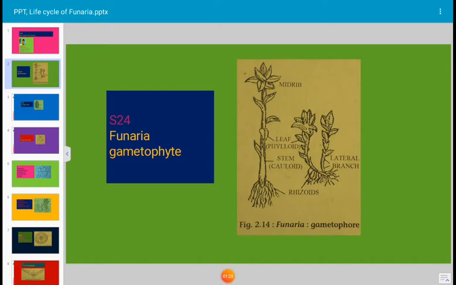The gametophyte of Funaria is a well developed plant. It consists of two stages: number 1, the juvenile stage, and number 2, the adult stage. The juvenile stage, meaning the young stage, is also known as protonema, and the adult stage is also known as gametophore or gametophyte.